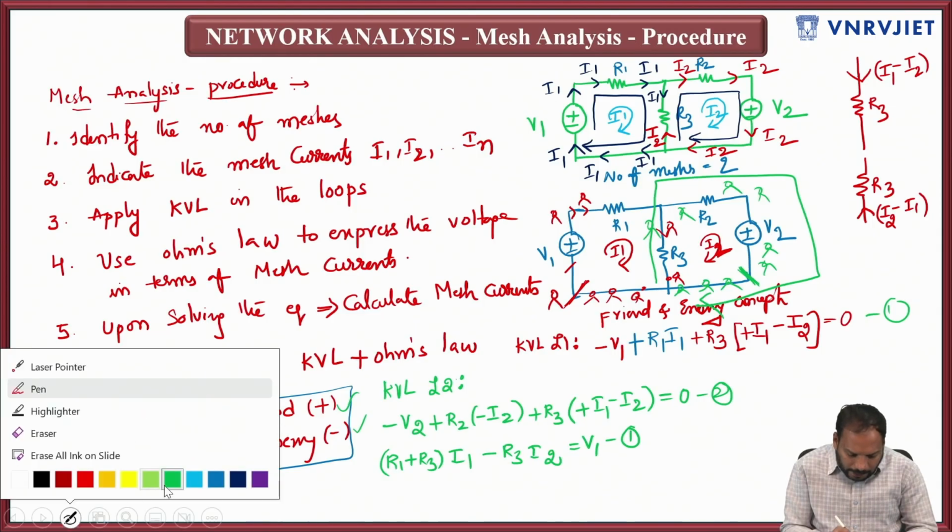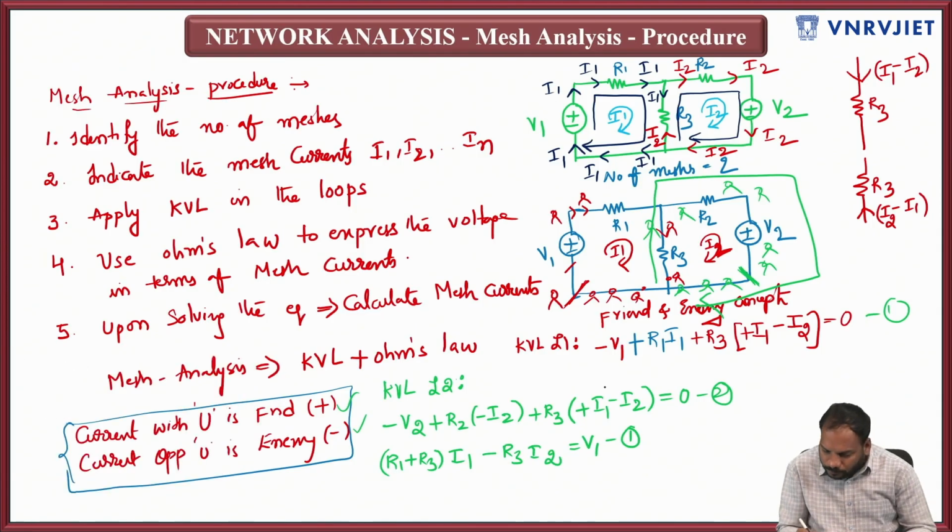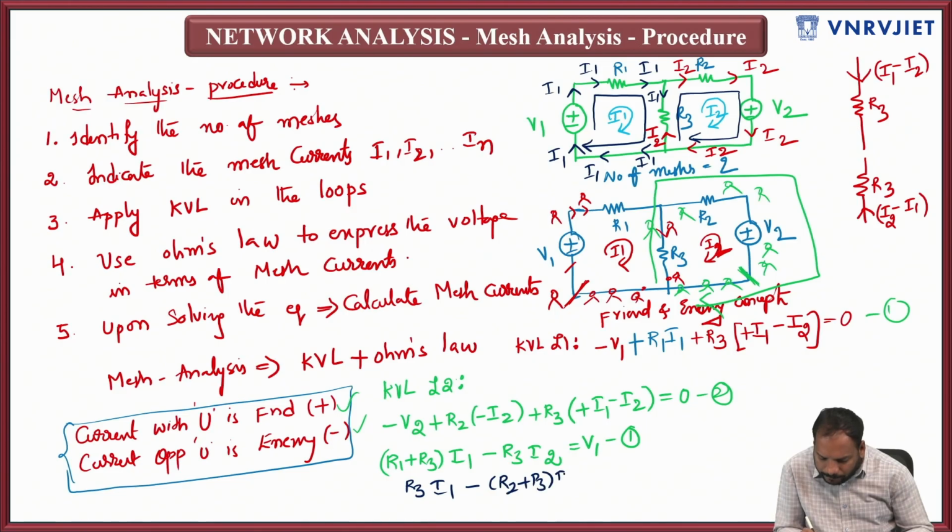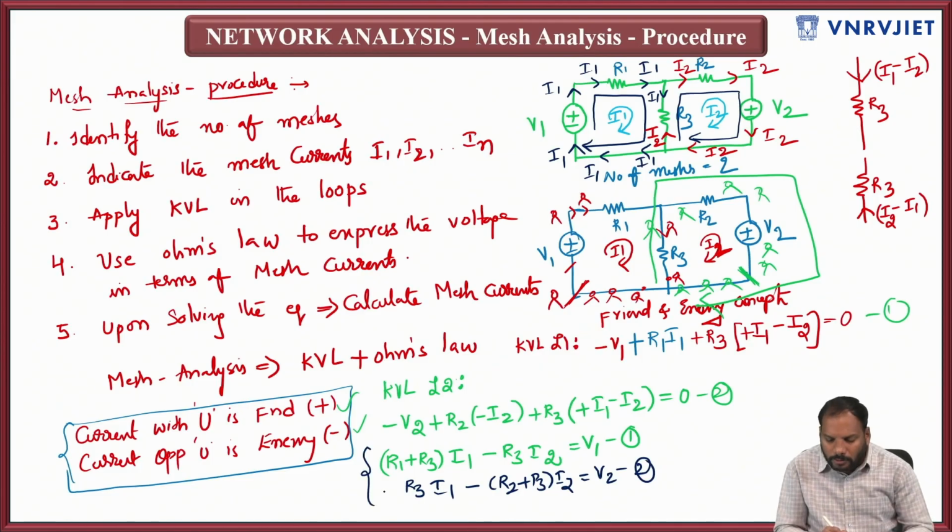Then rearranging equation 2: minus R3 I1, then if you take the I2 coefficients, take minus common, so R2 plus R3 I2 equal to V2. This is equation 2.